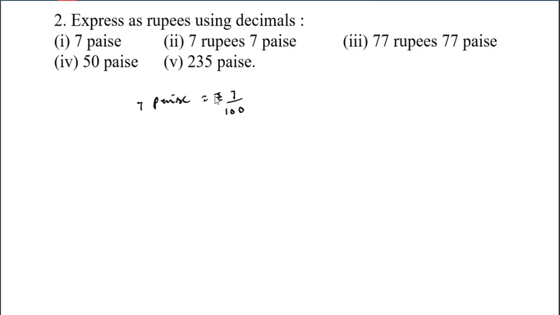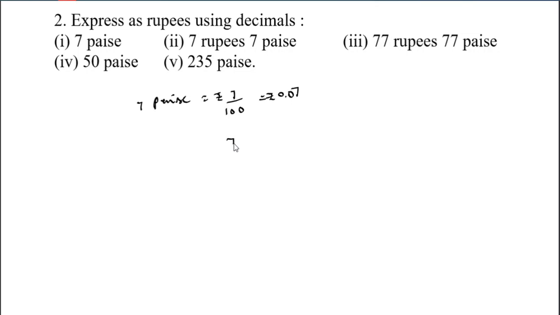So 7 paisa is equal to 7 by 100 rupees, which is equal to 0.07 rupees. Why?